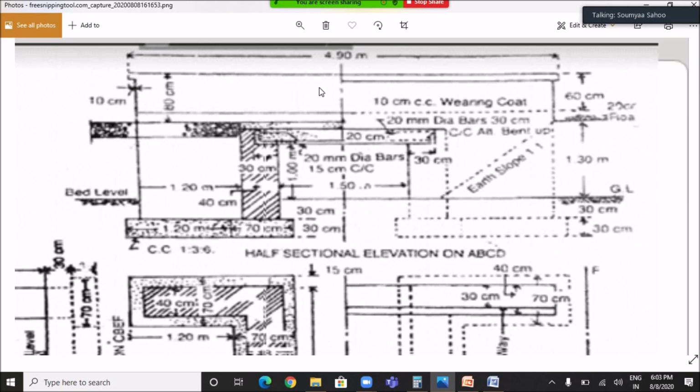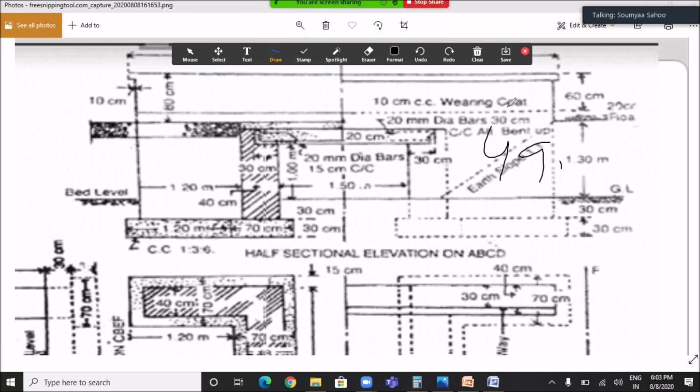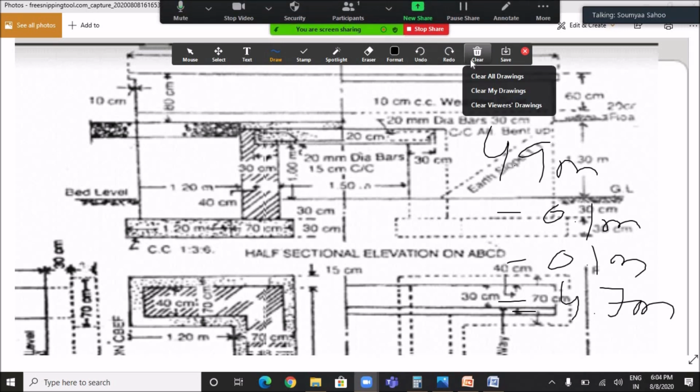So we have to deduct this 10 centimeter or 0.1 meter from the entire length of coping to get the length of the parapet. So 4.9 meter minus 0.1 meter minus 0.1 meter of projection equals 4.7 meter, which is nothing but the length of the parapet.